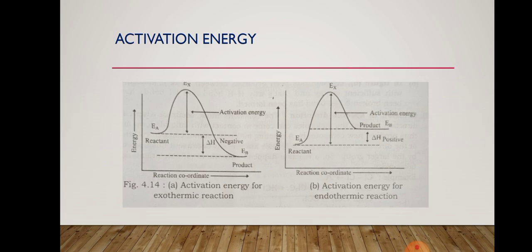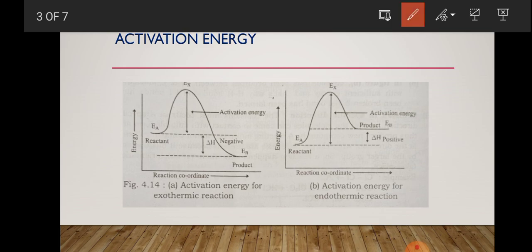At initial stage, the reactant molecule have average potential energy. Look at the figure please. Here EA is the average potential energy and average transitional activated complex has potential energy EX.